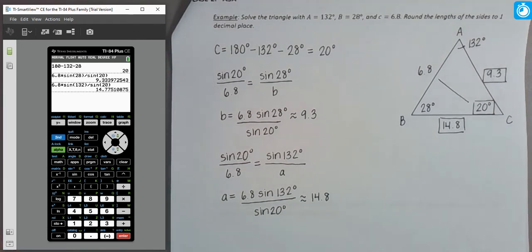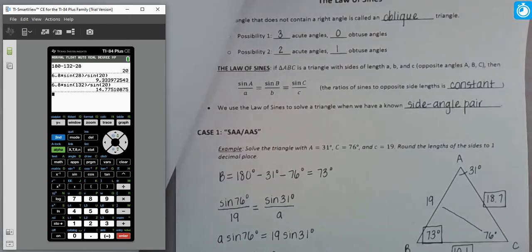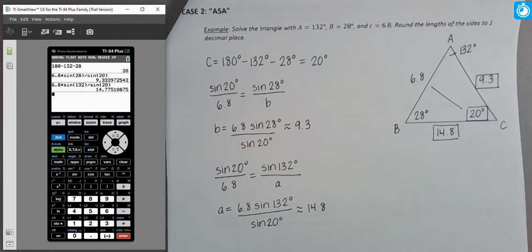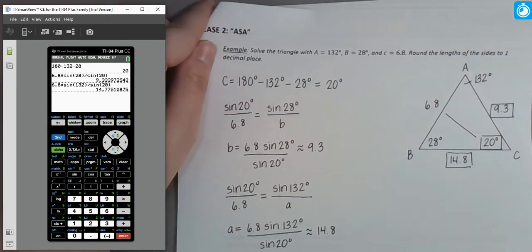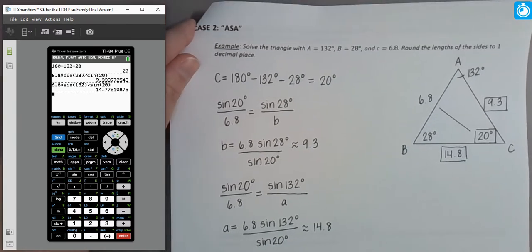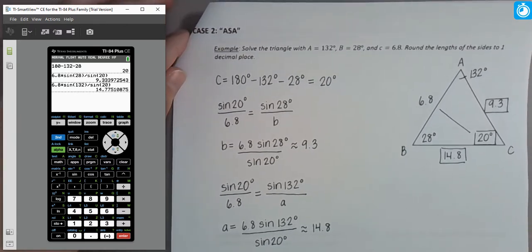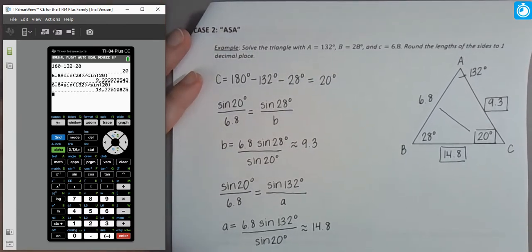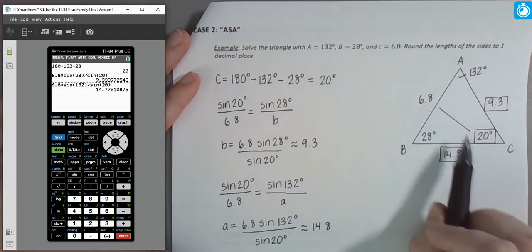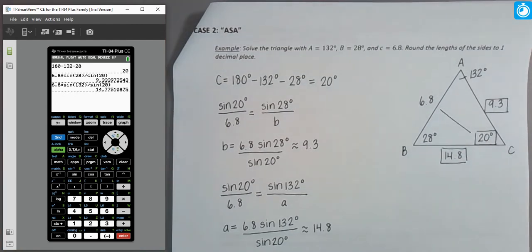So this particular case, angle, side, angle, and then our previous case, side, angle, angle, or angle, angle, side, depending on your point of view. Notice in both of these cases, we were either given a side angle pair to start with, or we could solve for one. But more importantly, we were able to directly solve for whatever angle was left.